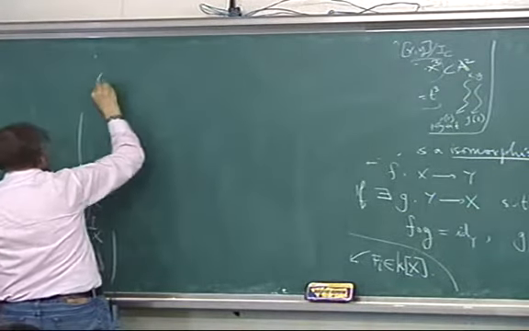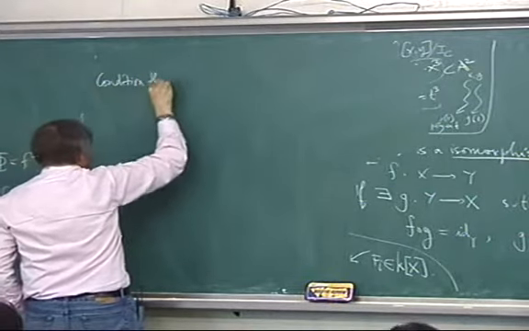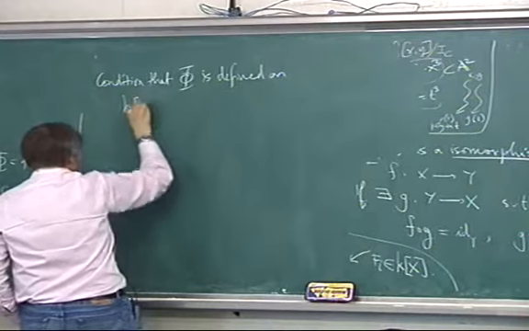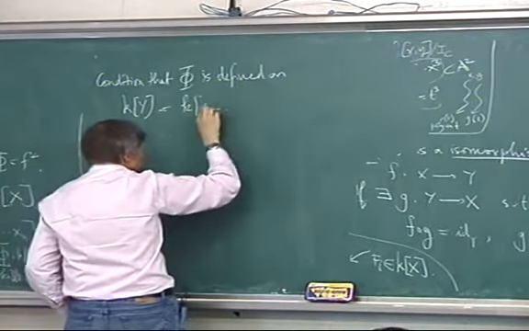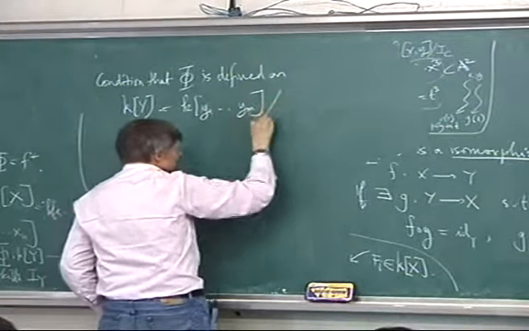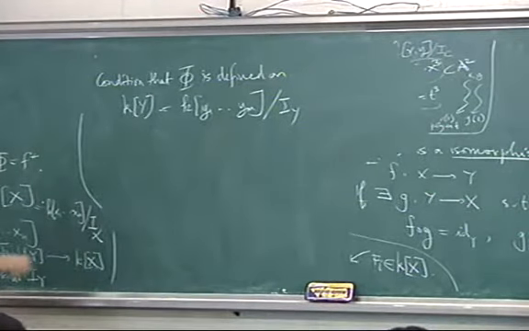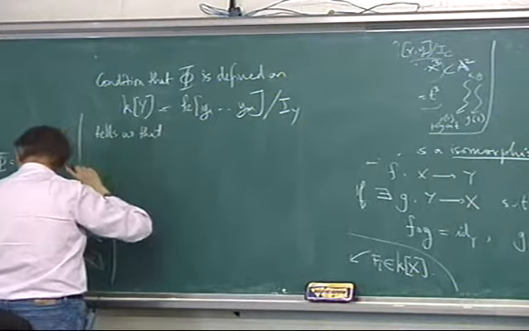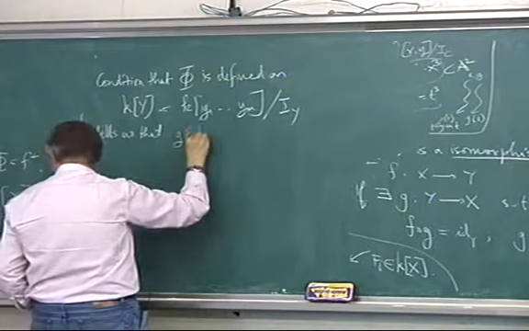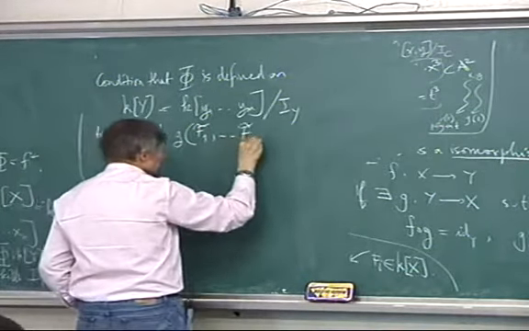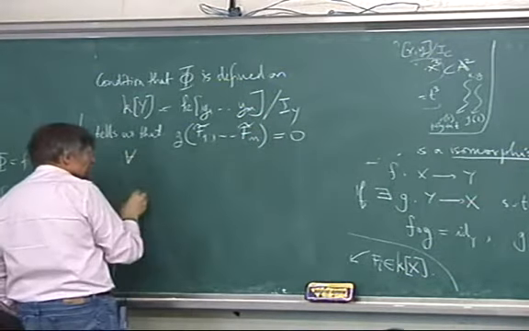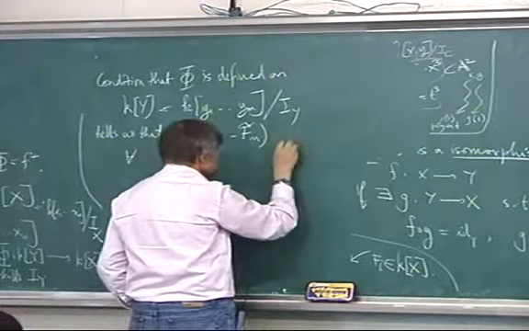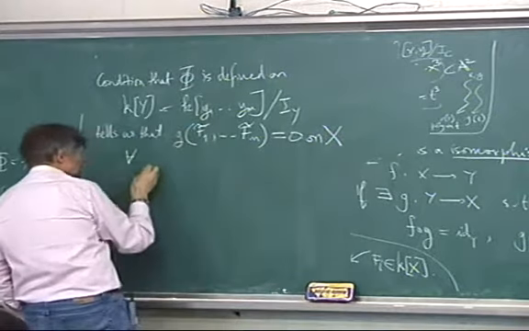So the condition that phi is defined on k[y1 up to ym] divided by Iy is what you need, and tells us that g of f1 twiddles to fm twiddles is 0 on X, for all g in Iy.